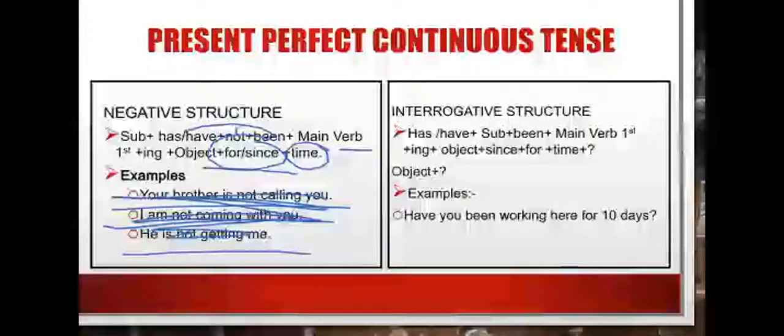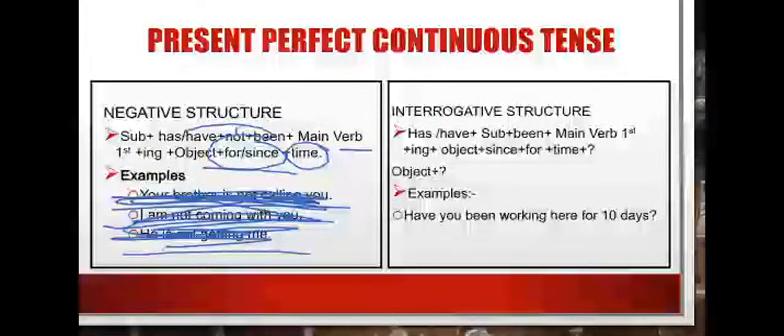Just like we'll be adding: Your brother has not been coming with you since morning. Your brother has not been talking to you since morning. My friend has not been writing his paper for 3 days. For 3 days, just like that, you can make examples by yourself. But these are mistaken examples here.